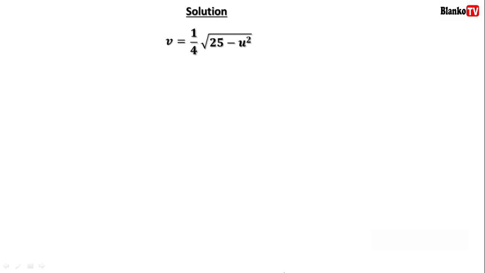So we are going to get v squared equals 1 over 16 multiplying 25 minus u squared. I hope you understand. Now we have removed the square root.